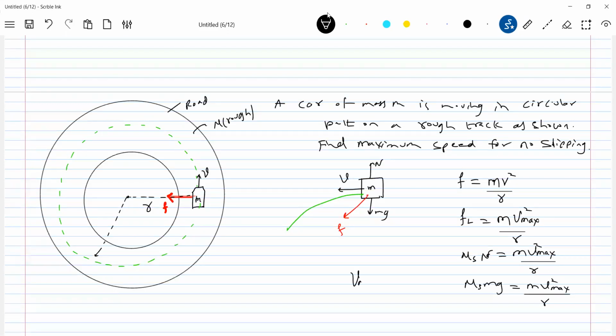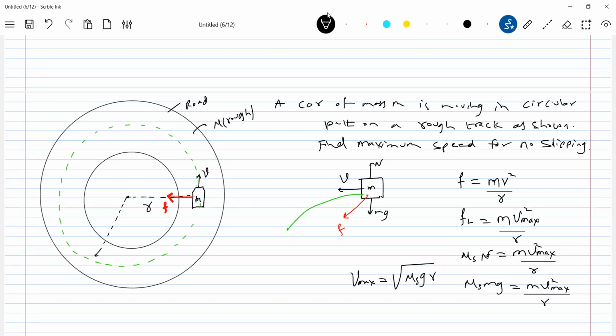So what is v max equal to? What is the permitted speed? Root of mu s g r. If the speed of the car is less than this, friction will be static. If the speed of the car is more than this, friction will be kinetic, and it will not be sufficient, and it may lose the circular path.